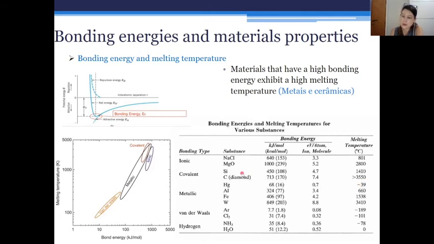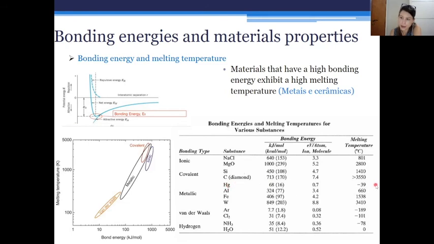For ionic materials, it depends on the composition and the energy of the chemical bond between the two atoms, but the melting temperature tends to be quite high. You have two examples right here. For metallic materials, so metals that are composed of a metallic bond, depending on the metal, we have quite a high range of bonding energy.